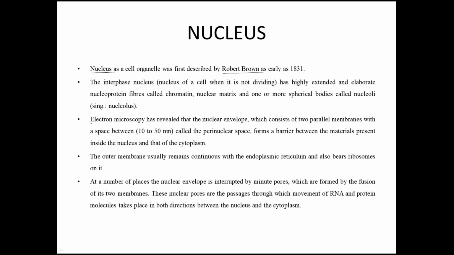We'll discuss the nucleus. The nucleus was discovered by Robert Brown, right? Electron microscopy of the nucleus revealed that it consists of two parallel membranes and a space between them, which we call the perinuclear space. The outer membrane remains continuous with the endoplasmic reticulum and also bears ribosomes on it.